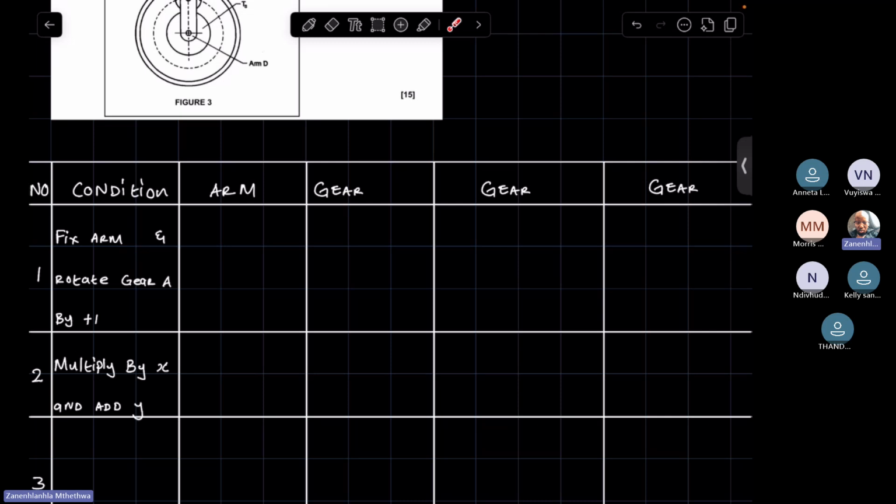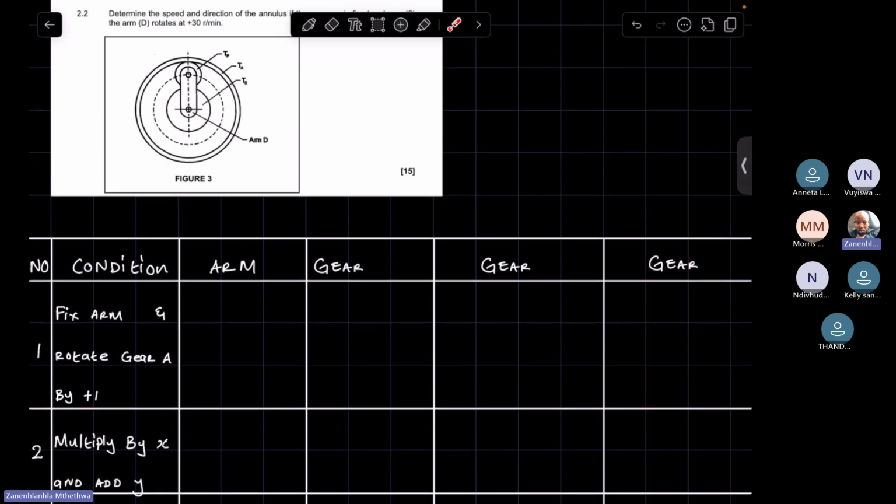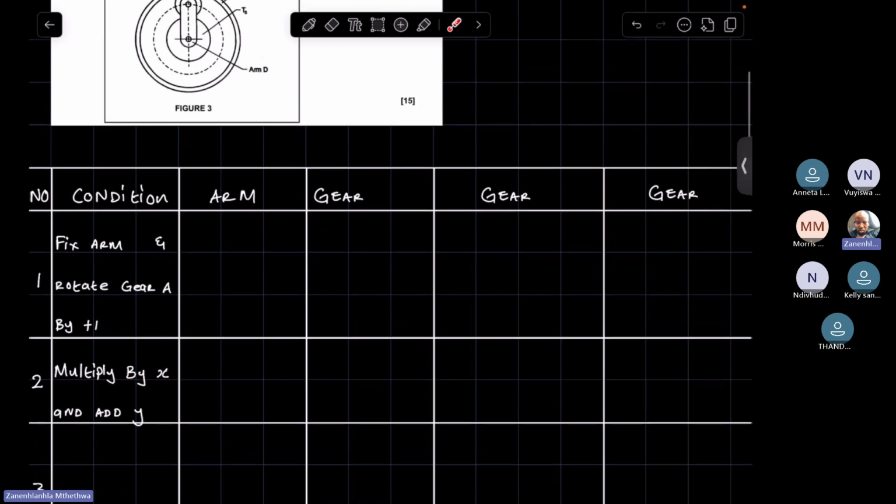Don't mind what is written here. I say gear A here because they've labeled the annulus as A. The typical first condition is to fix the arm and to rotate the annulus by one revolution clockwise. And then the second condition is to multiply the first condition by x and then add y.